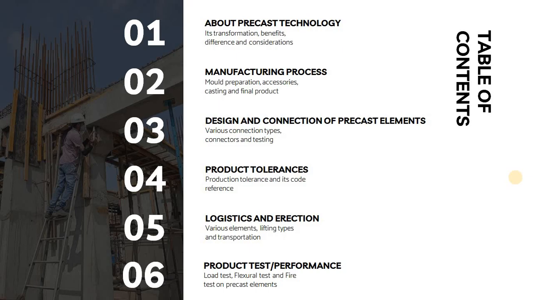Then we will see the design consideration as well as the connection of the precast elements. Further, we'll go through the tolerances, what are the tolerances as per the codes, Indian standard codes as well as the foreign codes. Then we will pass on to the logistics and erection of the elements. And lastly, we will see the product test and its performance.